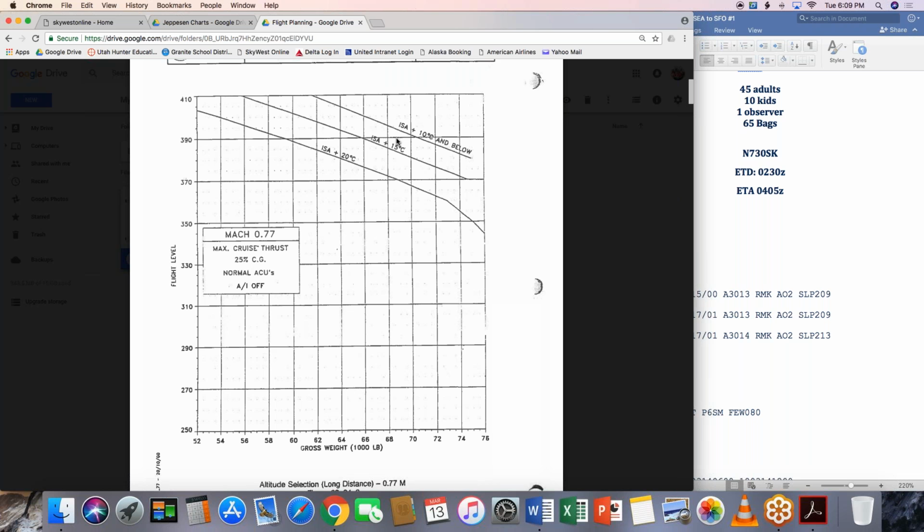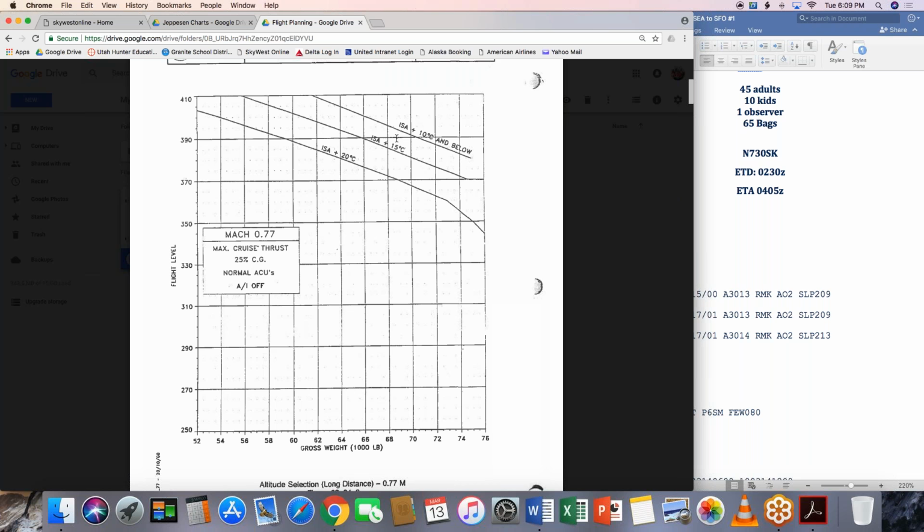And then these are the flight levels, okay? These lines right here are the temperatures in ISA deviations. So we can see that we have a line for ISA plus 20, ISA plus 15, and ISA plus 10 degrees and below. So this is the best performance.